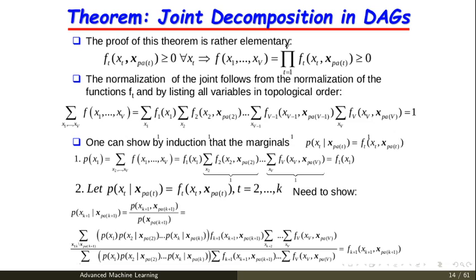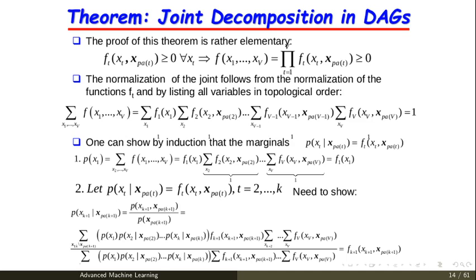Step 2 is to get the marginal of k plus 1 and the parents of k plus 1. I have to sum over all the other variables, that is, sum over k plus 2 up to the last node. Because I have a topological ordering, it doesn't include the parents of k plus 1, which are before k plus 1, so I don't have to worry about the parents.